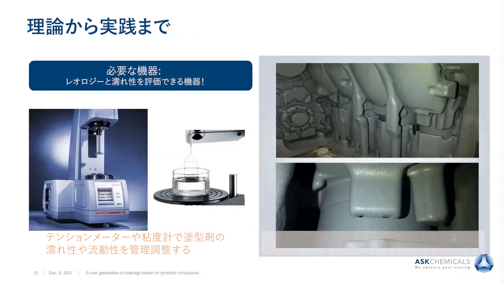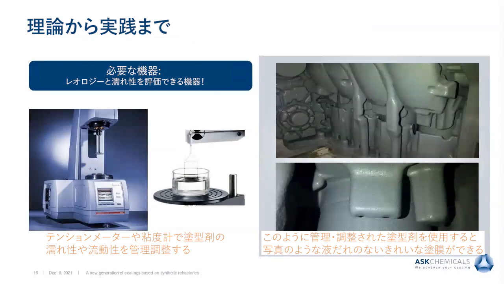And if we do it in a proper way, the coating can cover even an intricate and very complex core package, as you see on the right side, like a second skin without any flaws.